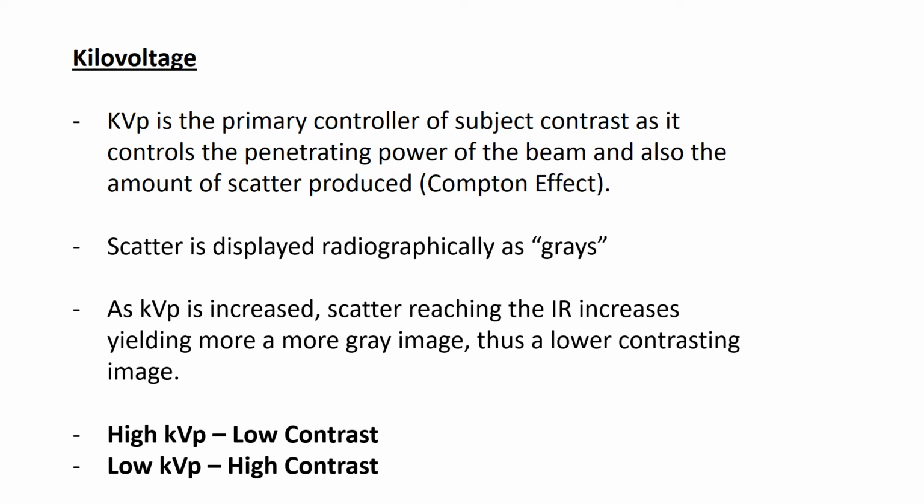It's going to give you high contrast. High kVp, more scatter, more gray, less black and white, which means lots of grays, low contrast. Low kVp, you're going to have less scatter, less grays, more black and white, high contrast. So high kVp, low contrast; low kVp, high contrast.